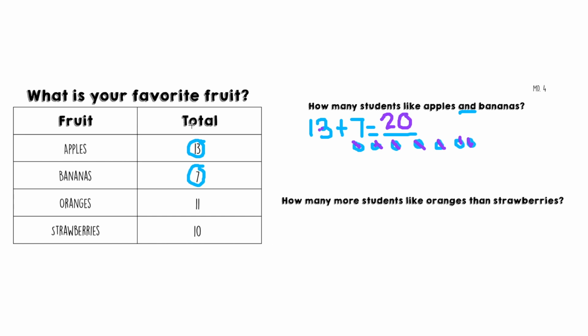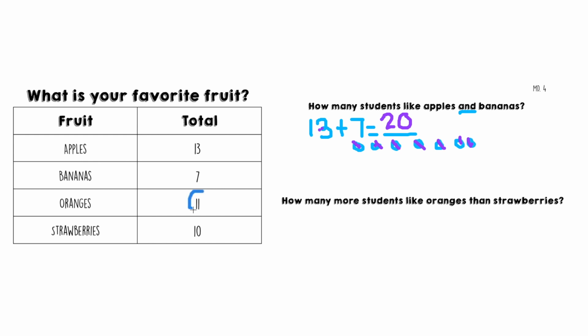Now, as you worked your second problem, it said how many more students like oranges than strawberries. This is another problem where we can use the strategy to subtract. So, how many more students like oranges than strawberries? Because we're trying to find the difference of the amount of students who like oranges and strawberries.